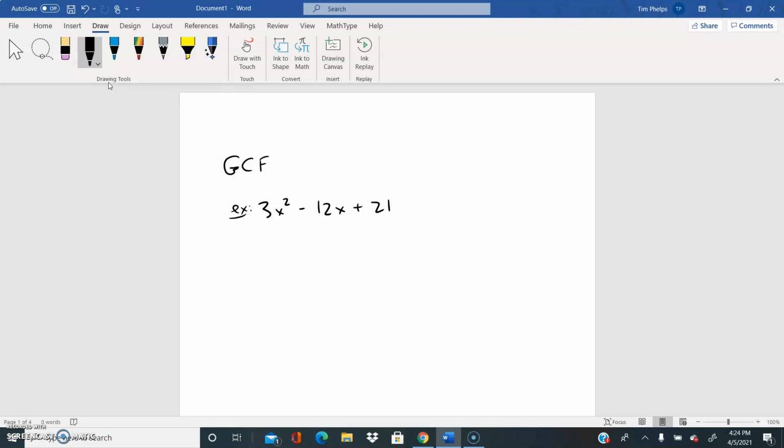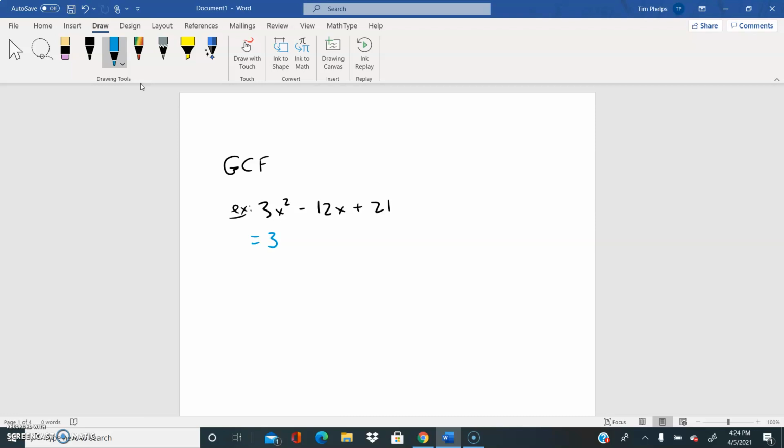So if I look at this, I try to figure out what is the greatest term that is common to all terms. Well, look at the x's. There's two x's here, there's one x there, there's no x's here. So it can't be any of the x's. Look at the numbers, 3, 12, and 21.